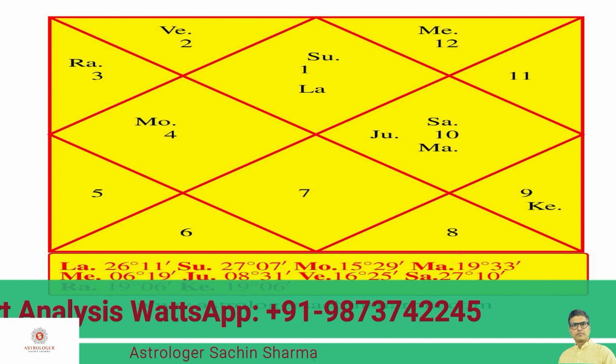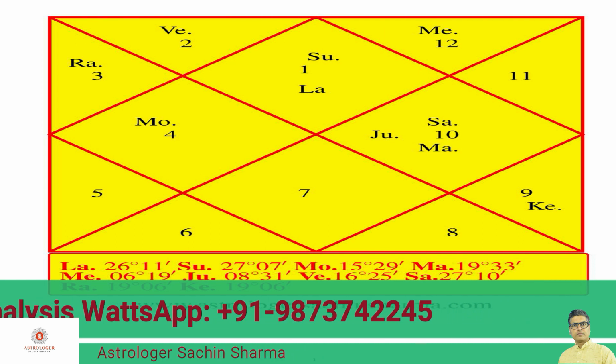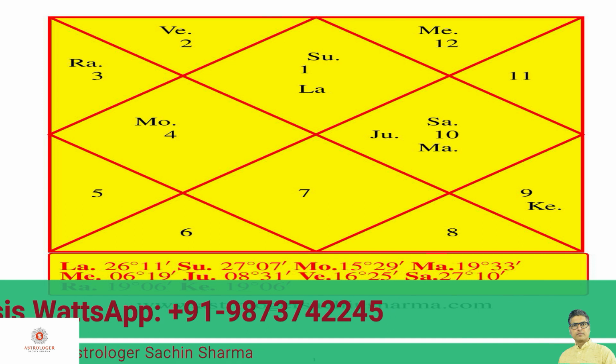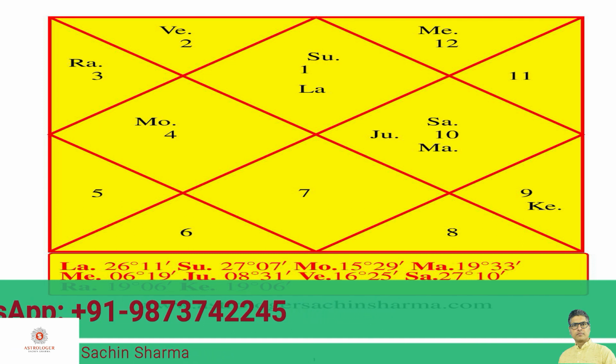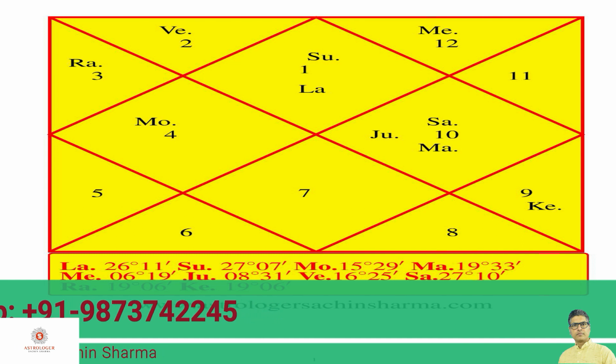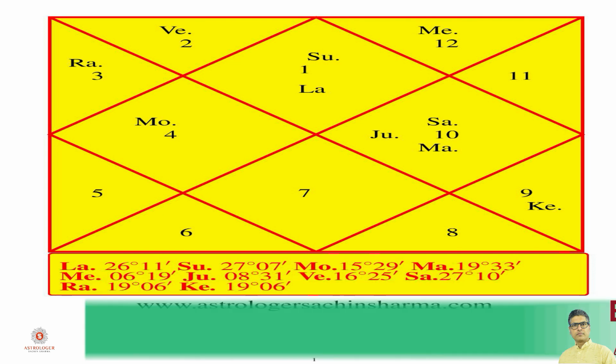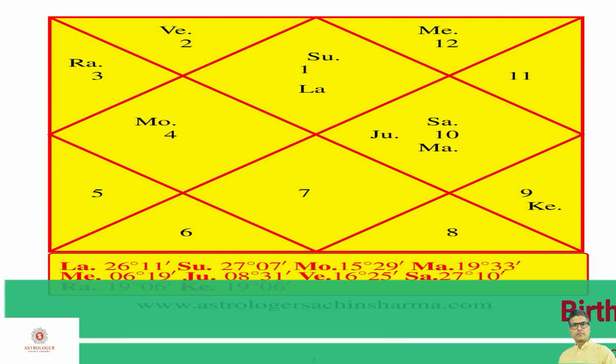MA stands for Mars, and Mars degree is 19 degrees 33 minutes. That means Mars is in early old age stage. That means Mars will be giving very little impact, or we can say it will give about 50% of result during its Mahadasha and Antardasha period.